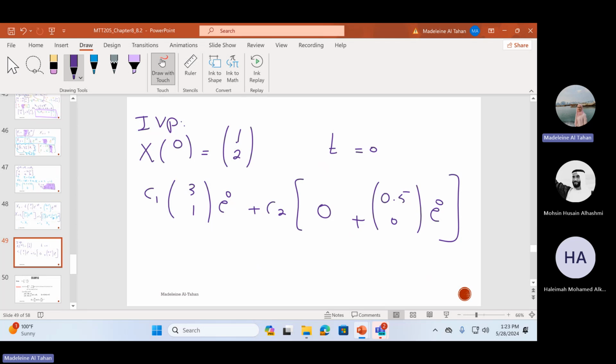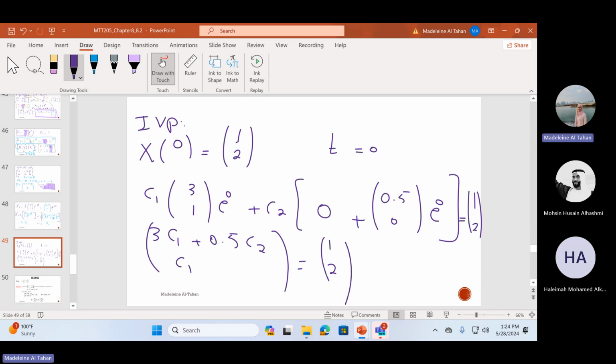This one should be equal to (1, 2), right? What will we get here? 3C1 plus 0.5 C2, and here we will get C1. This one equals what? Does it need a calculator to solve it?